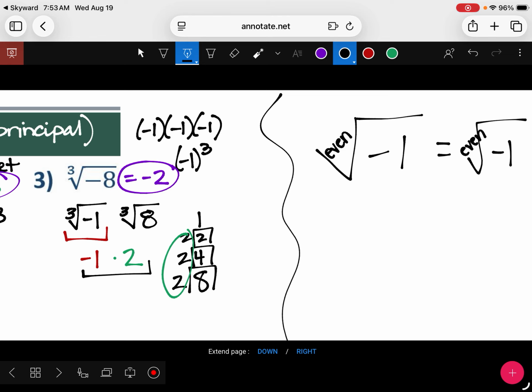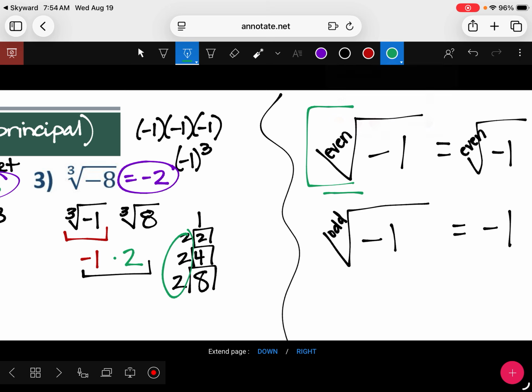But if there is an odd number in the elbow, there'll never be a 1. The lowest you can have is a 2. So if there's a 3, a 5, a 7, or a 9, then it actually comes out and becomes a -1. So this is the simplified rule to remember as we are doing our radicals in this chapter.